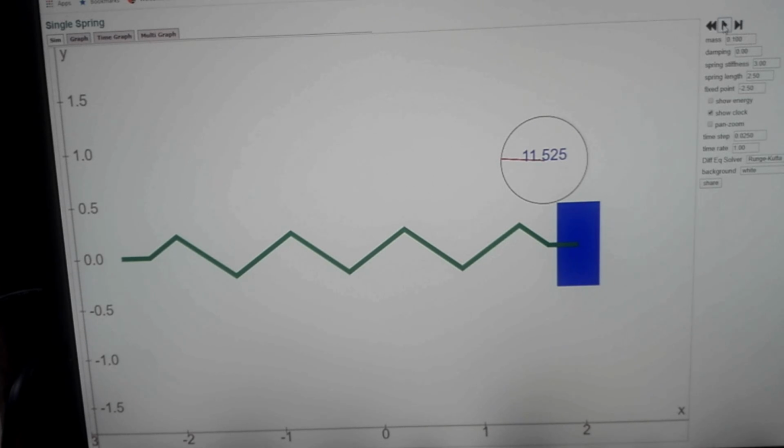Actually this is the same, and this 11.5 is because of human error. In the previous case it was 11.475 and now it is 11.525, and this small difference is because of human error. So we can say that the period of oscillation is the same.